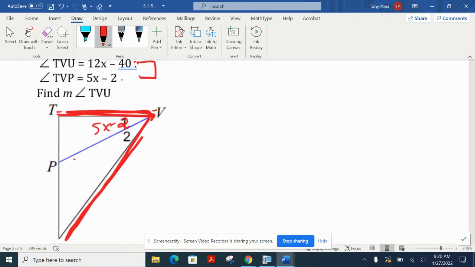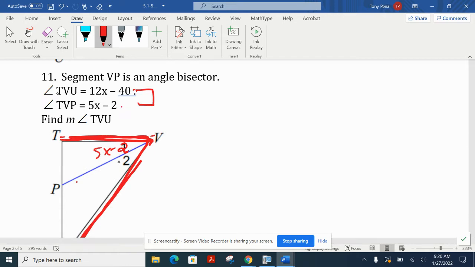So what Ella did earlier, if this is 5x minus 2, then she said this would also have to be the same exact thing. Those are both the same because they got bisected. So these two added together, the 5x minus 2 and the other 5x minus 2, would equal the overall angle, and the overall angle is 12x minus 40.